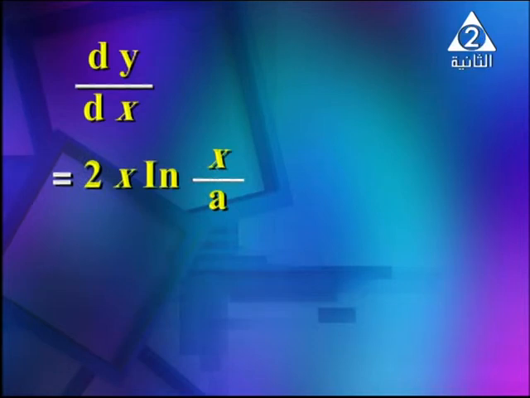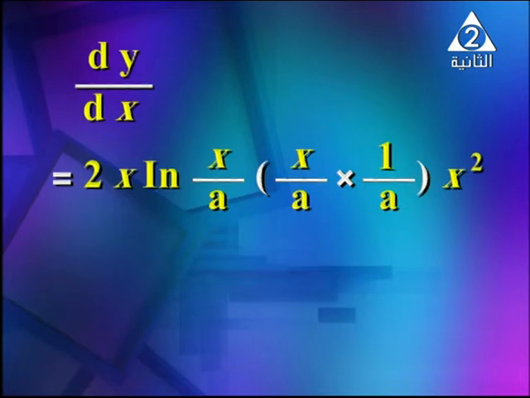Look at the first derivative, dy over dx: 2x ln x over a, plus x over a multiplied by 1 over a inside the bracket, times x squared.